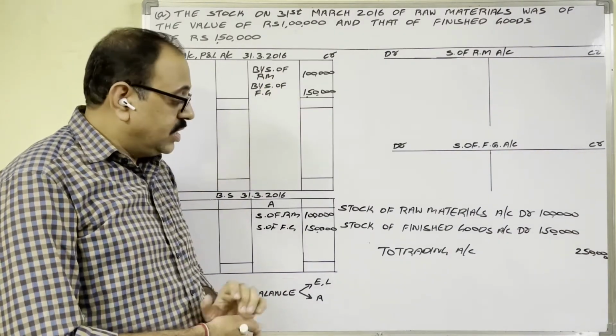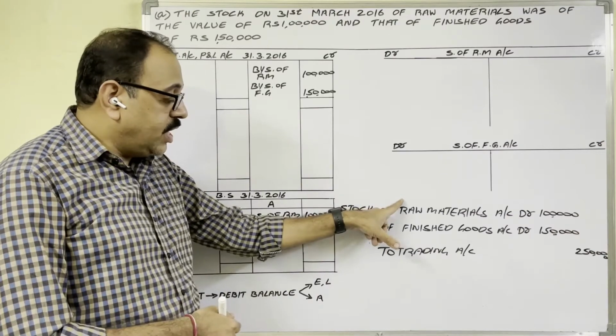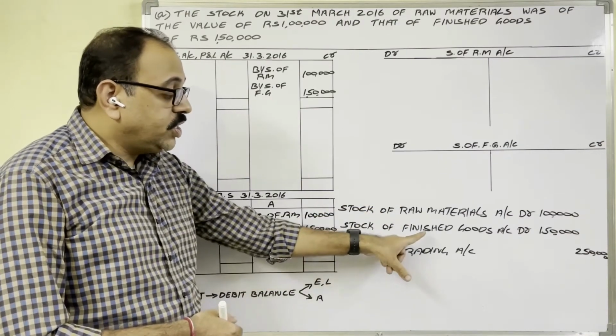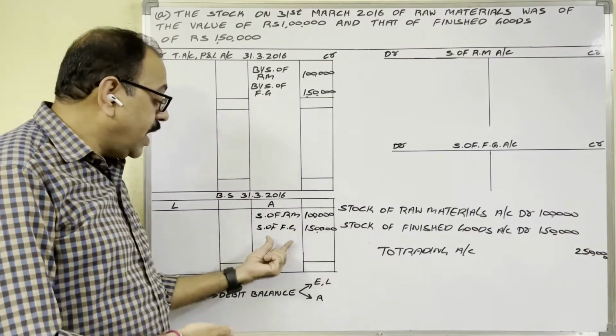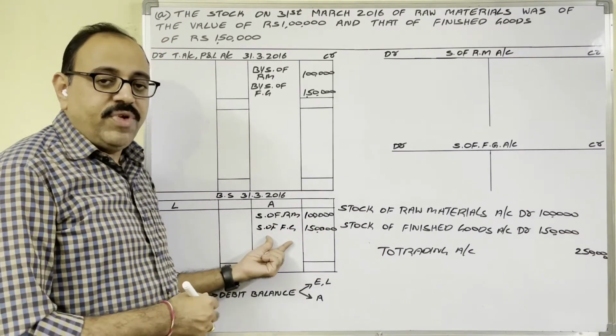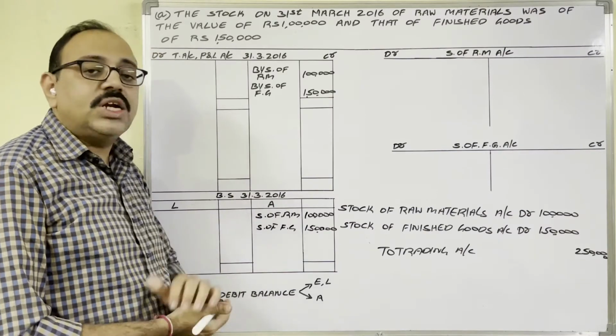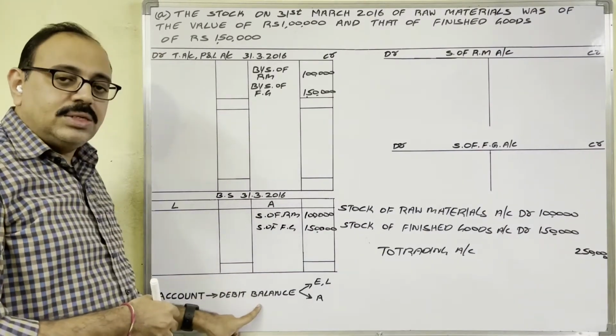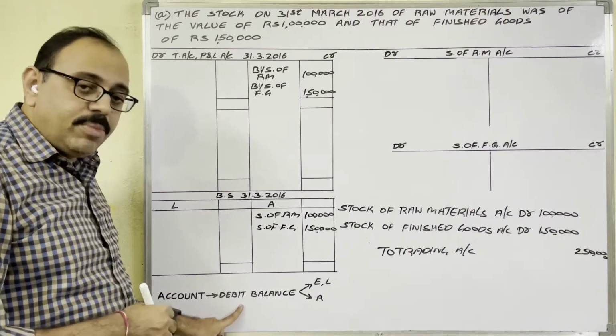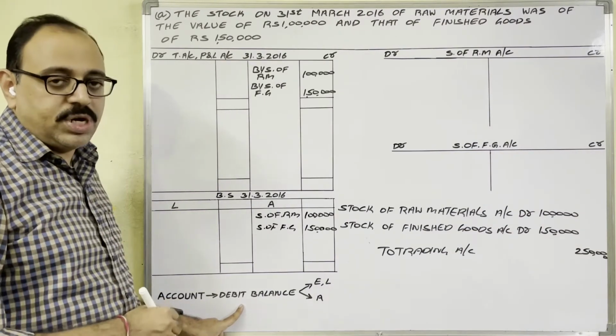And the doubt is, why are stock of raw materials account and stock of finished goods account debited? These two values I want to show under the asset side of the balance sheet. When we show an account under the asset side of the balance sheet, that account shows a debit balance. If any account shows a debit balance, there are two possibilities.